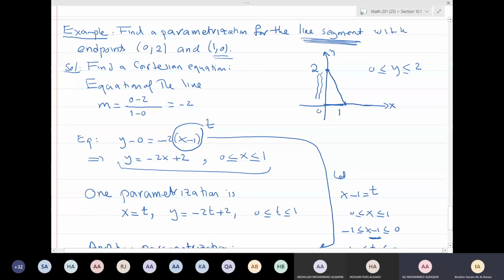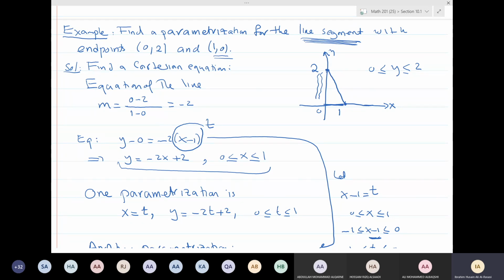Maybe your question is: what is the importance of parameterization, or why do we study parametric curves? If so, the answer is different. In some applications, when you have a curve, sometimes it is better to study it with a Cartesian equation in x and y.